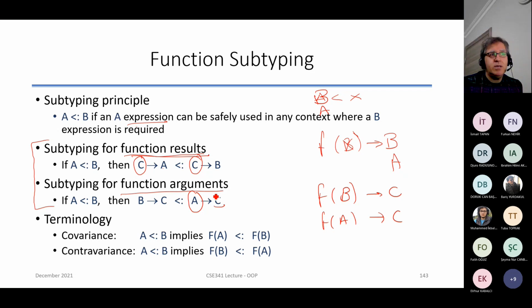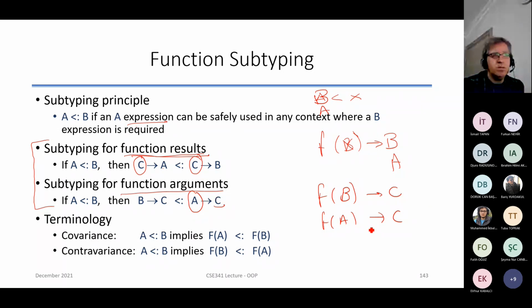Now, once we have these definitions, we have to introduce two more things to the terminology. One is covariance and contravariance. Covariance means that A subtype of B implies that F(A) subtype of F(B) is true as well.